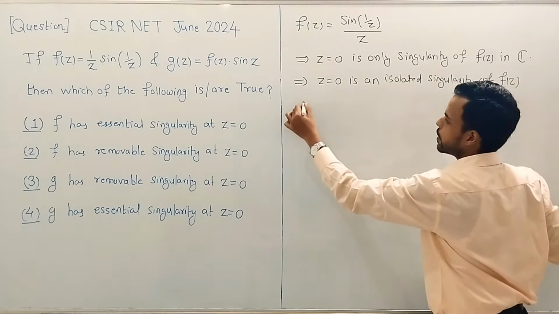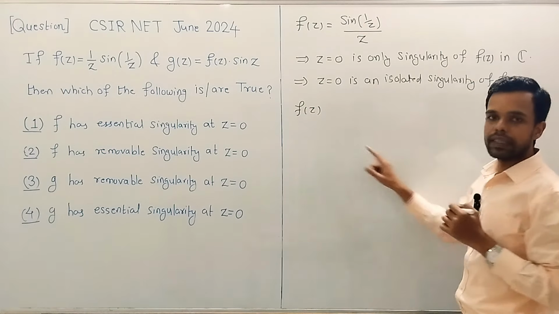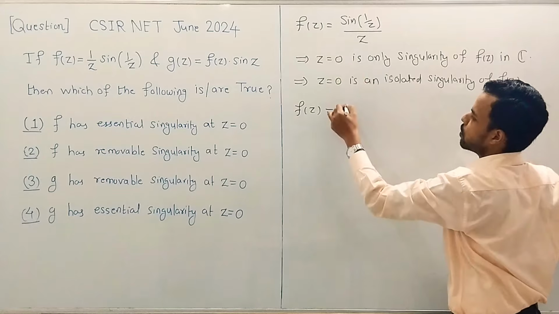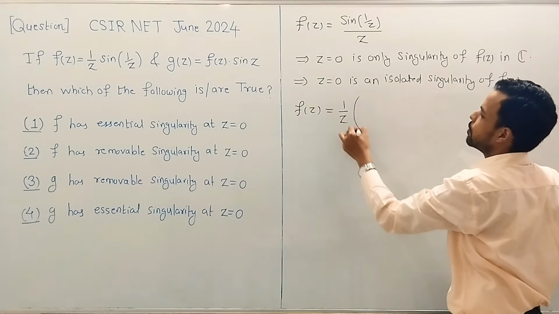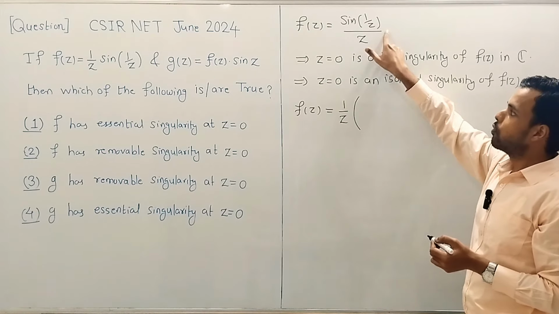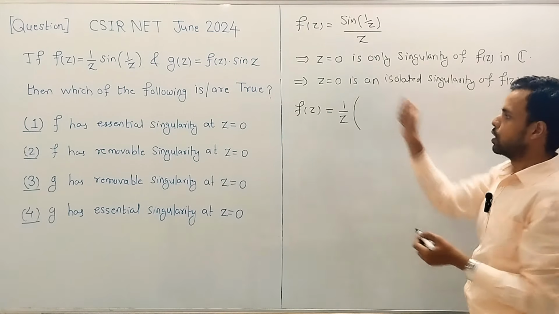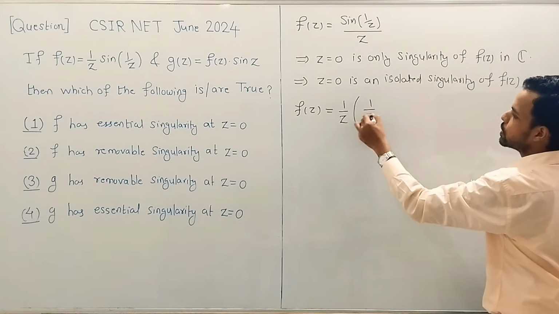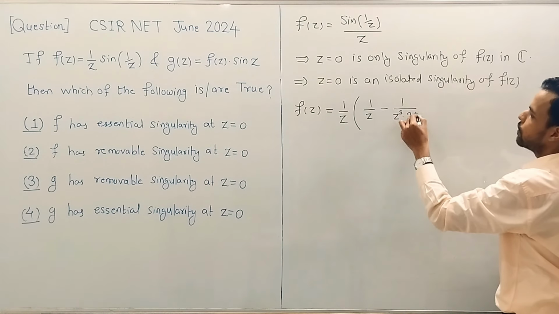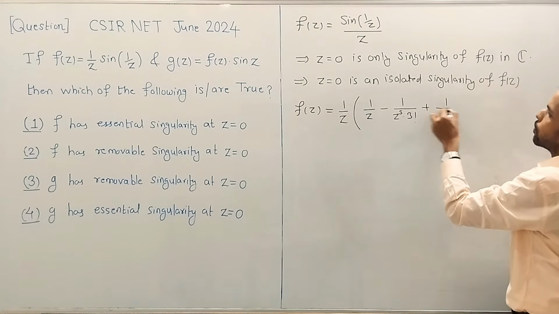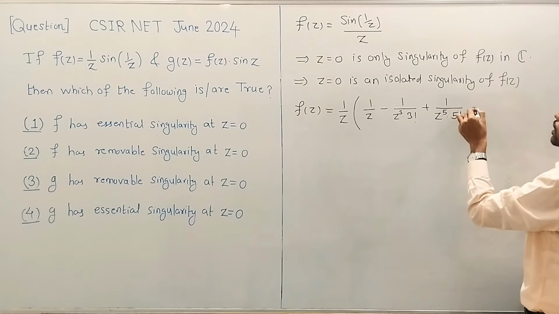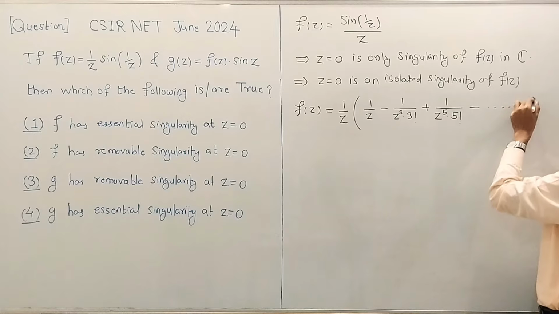So writing f of z as a Laurent series expansion about z equals 0, f of z equals 1 over z times the Laurent series expansion of sine of 1 over z about z equals 0, which is nothing but 1 over z minus 1 over z cube times 3 factorial plus 1 over z to the power 5 times 5 factorial minus and so on.